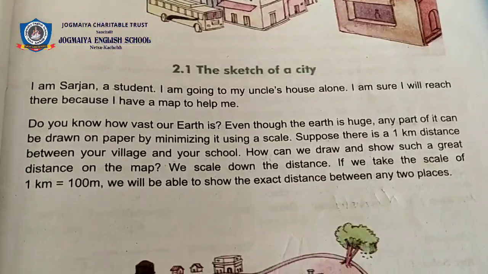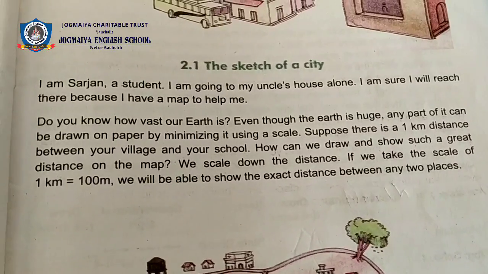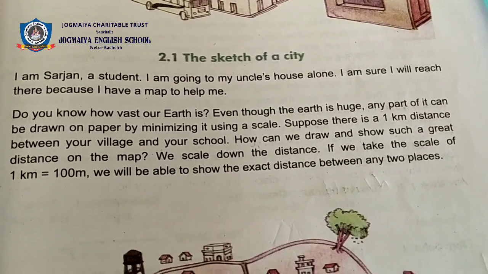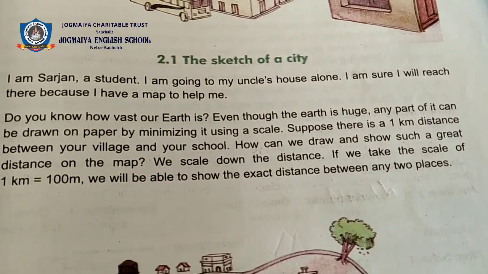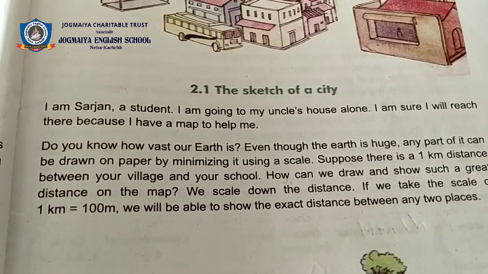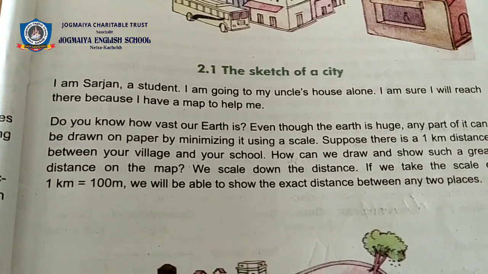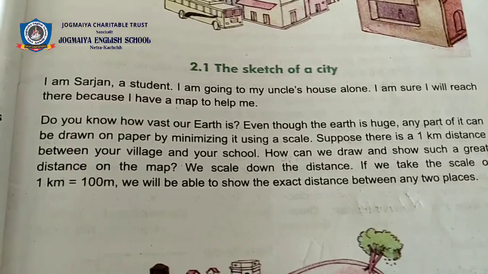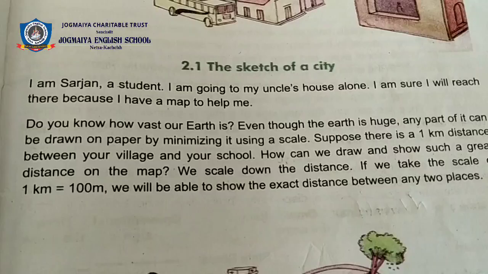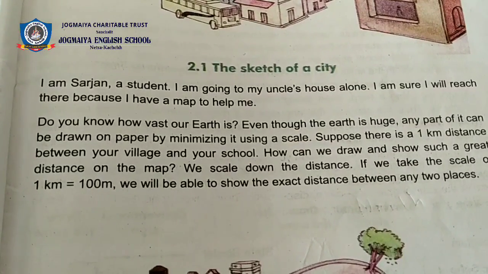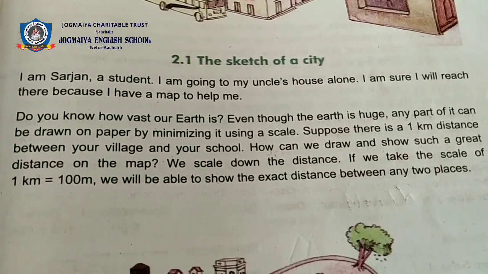Do you know how vast our earth is? Even though the earth is huge, any part of it can be drawn on paper by minimizing it using a scale. We can minimize our earth's surface. Our earth is very vast, and to make a map, we can minimize any part of the earth or the entire earth.